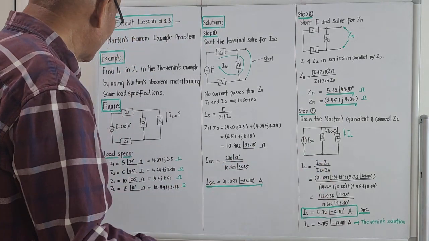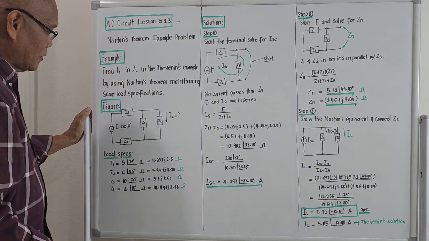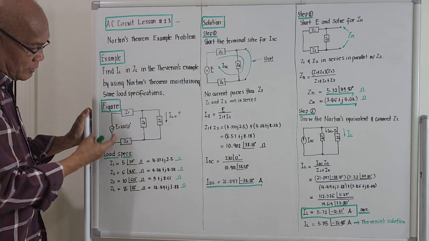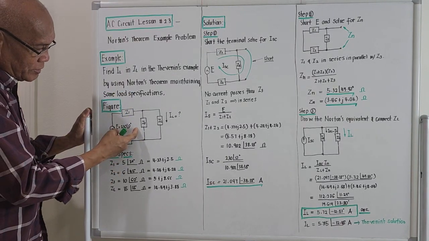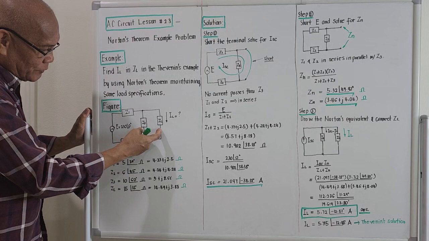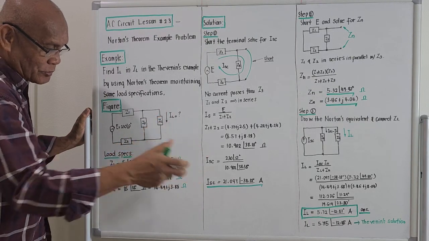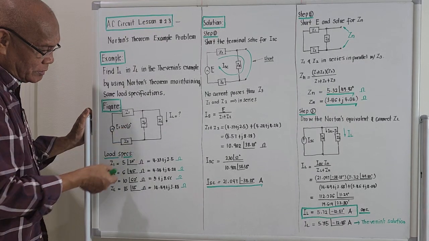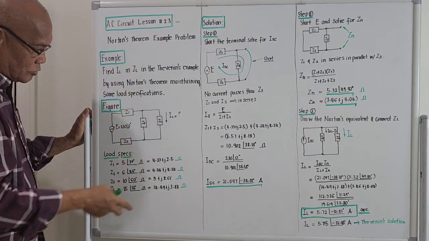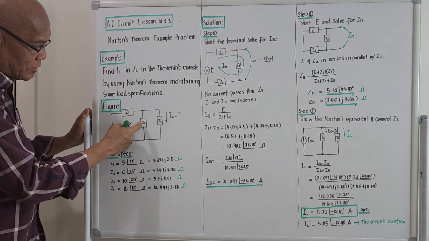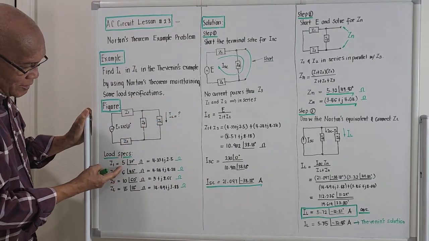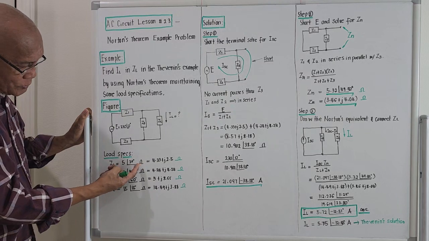Okay, I will try to give you the figure. We are given an AC circuit here, Z1, Z2, Z3, and this is ZL. The voltage source is alternating. The voltage is 230, angle 0 degree. Z1 is 5, angle 30 degrees, ohms.